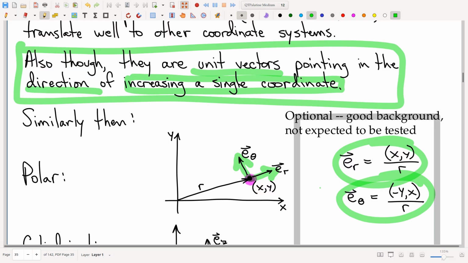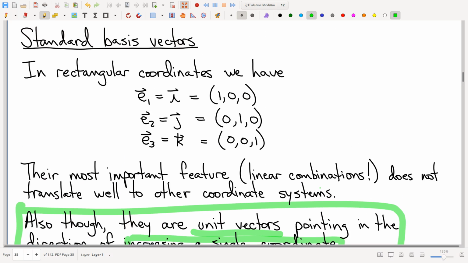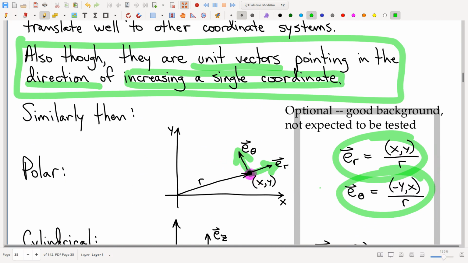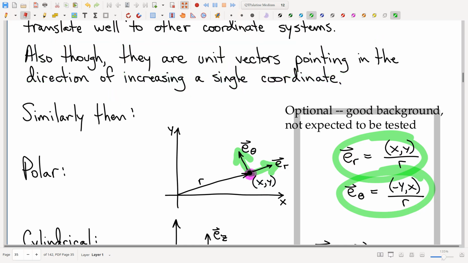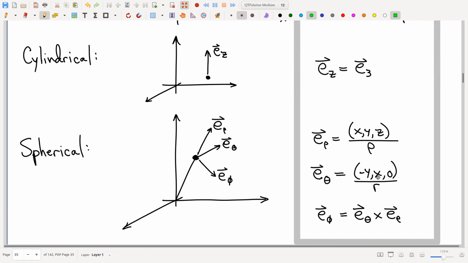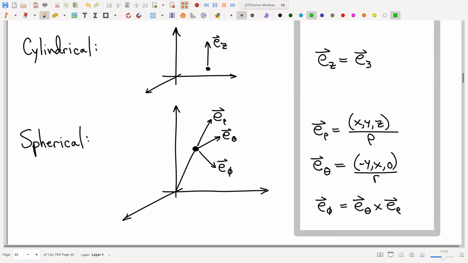The rectangular standard basis vectors are constants. They're the same vector everywhere. The polar standard basis vectors are not constants. Something to think about, and an exercise to do for yourselves, I think this is healthy, is to persuade yourself of the cylindrical.